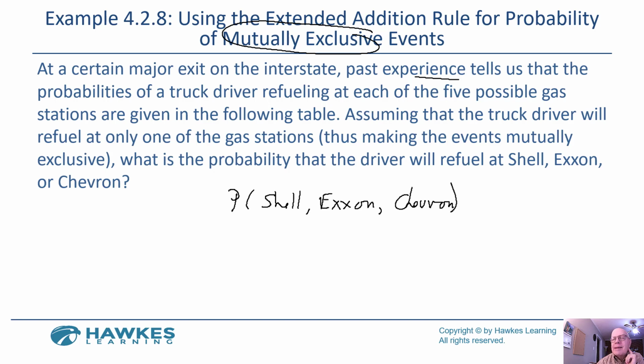So this is an extension of the addition rule. It gets a little bit more complicated, but because they're mutually exclusive, he's only going to refuel at one of them, then we're going to add those 3 probabilities. So remember, Shell, Exxon, Chevron, we'll add those 3 probabilities.